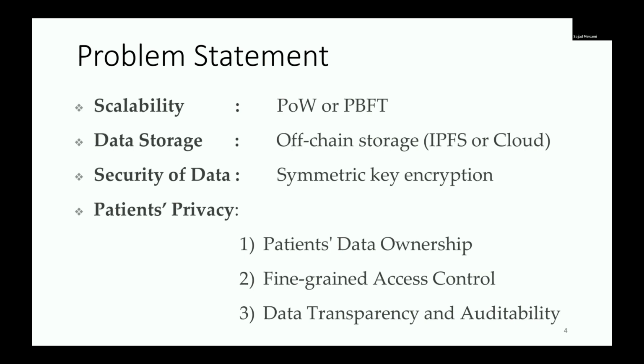So let's go through data storage, which is another matter that we need to consider. It's not practical and suitable to store IoT big data on the blockchain ledger. Because of this, we do not store our IoT healthcare data on the blockchain directly, but we only store the pointers to the data, the hash of the encrypted data, on the blockchain instead, to lighten the storage space of the blockchain.